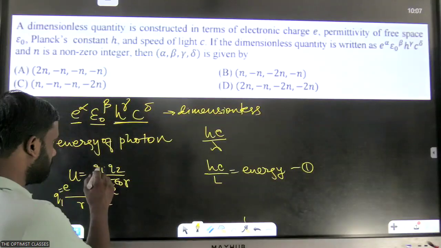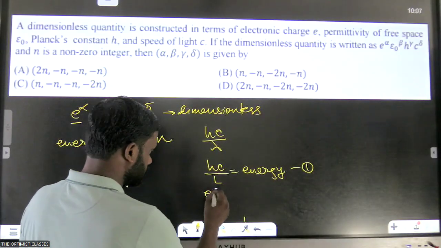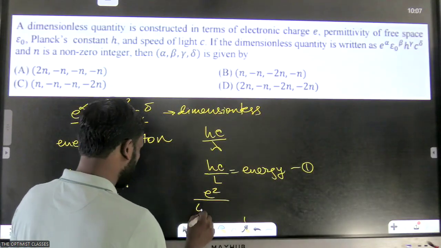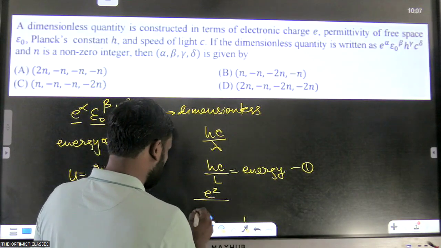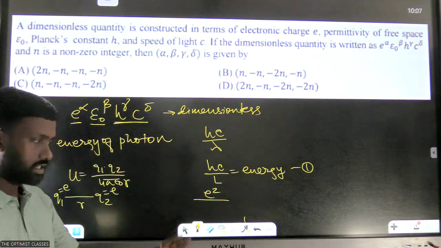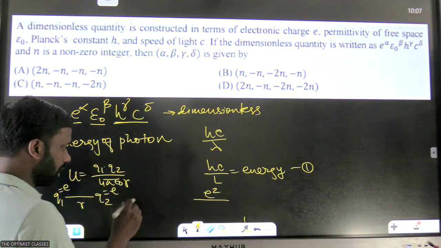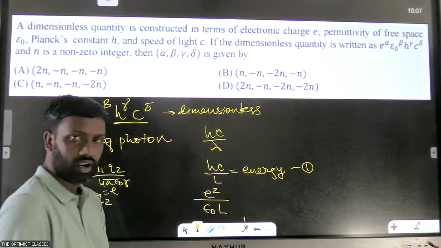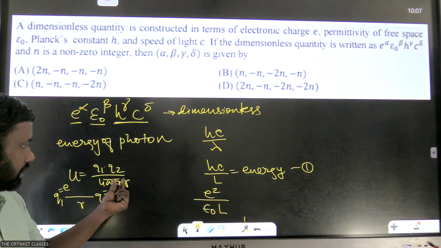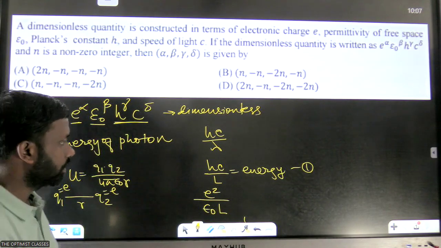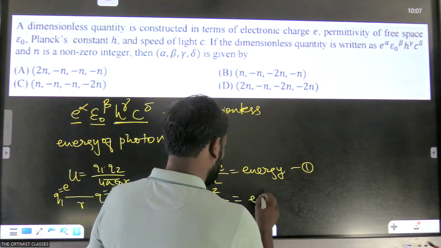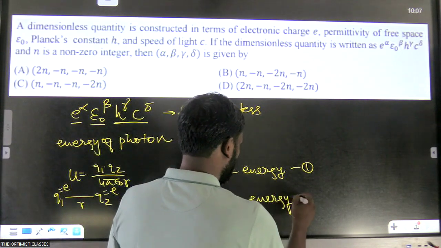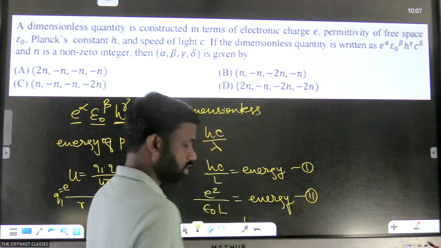So it becomes e square over 4 pi epsilon naught r. Let us not write 4 pi because we are mostly interested in dimension, and it is a dimensionless quantity. In place of r, I'm writing L because r has dimension of length. So this also has dimension of energy. This is our second equation.